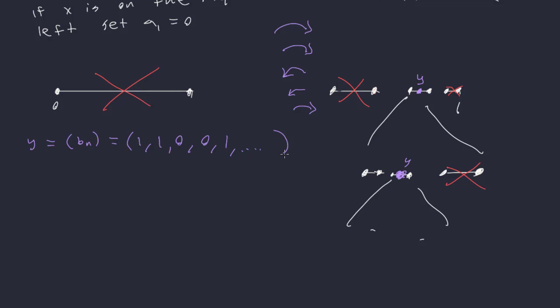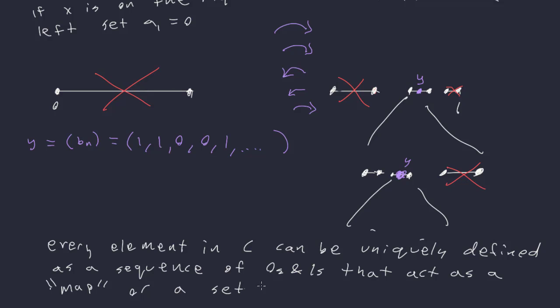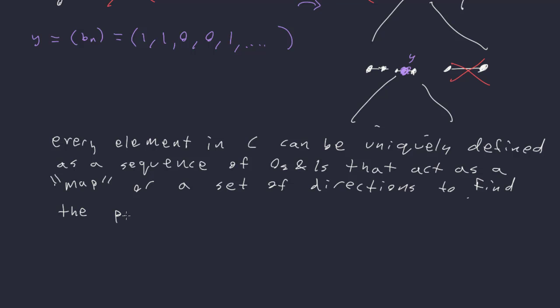Okay, so what we're essentially doing is every element in C can be uniquely defined as a sequence of zeros and ones that act as almost like a map, or a set of directions, to find the point in C. Right?